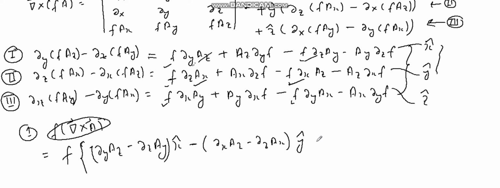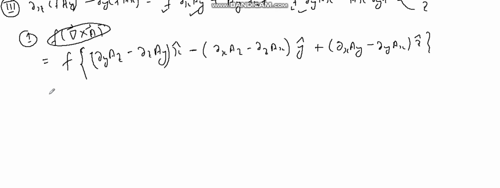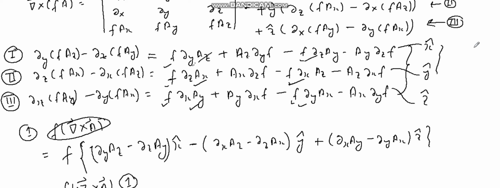And then for the last we have these two terms, plus del x ay minus del y ax, times z cap. So f times del cross a. We have obtained the first term from this equation.